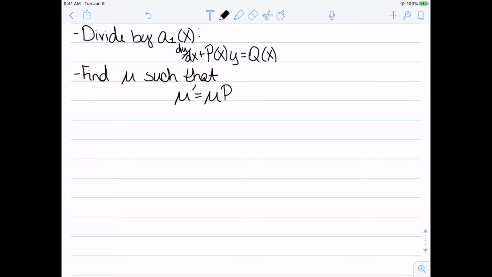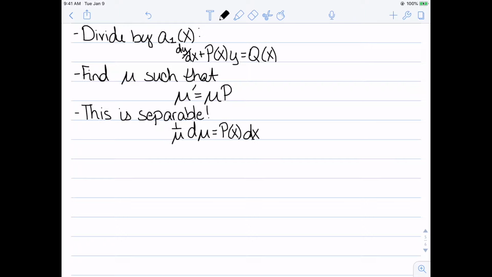I then need to find my function mu to multiply through by. In order to get a0 to be equal to a1 prime, I would need mu prime to be equal to mu p, since once I multiply through by mu, my new a0 will be mu p, and my new a1 is going to be mu.